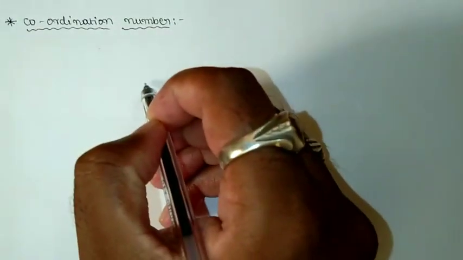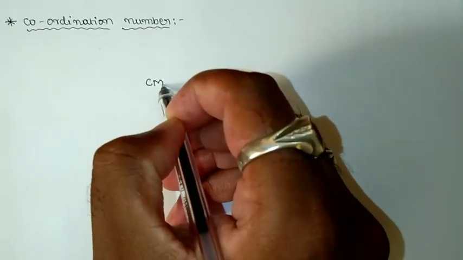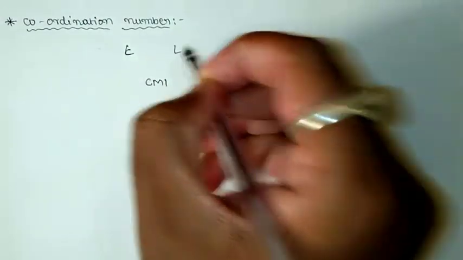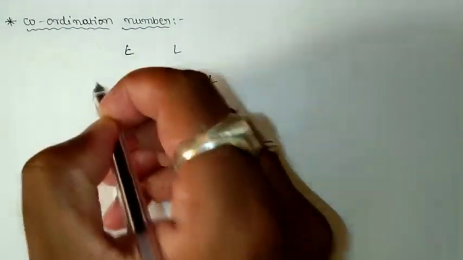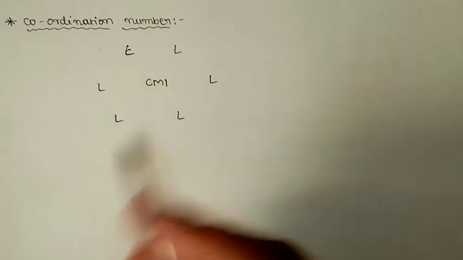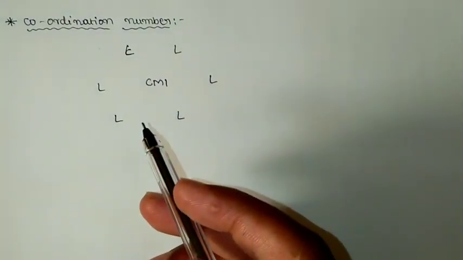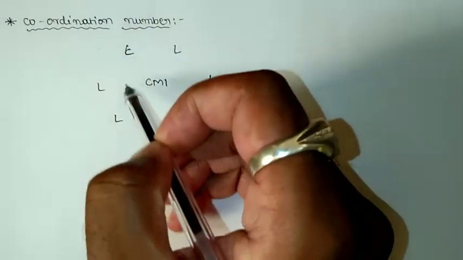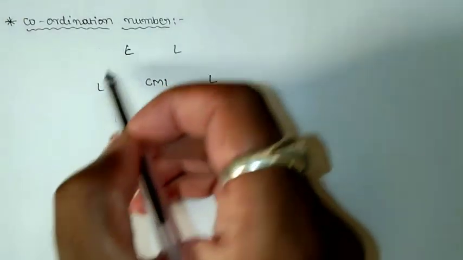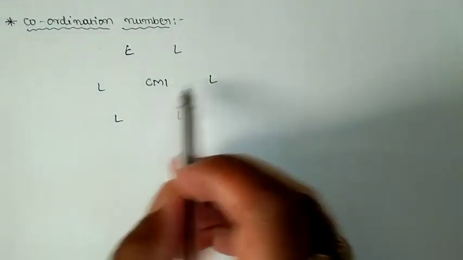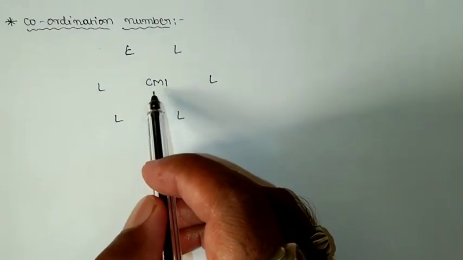That means if you consider a complex compound, as we said, there will be a central metal ion in the complex, and that central metal ion will be surrounded with a certain definite number of ligands, and the ligand may be monodentate, bidentate, tridentate, tetradentate, hexadentate, whatever it may be.